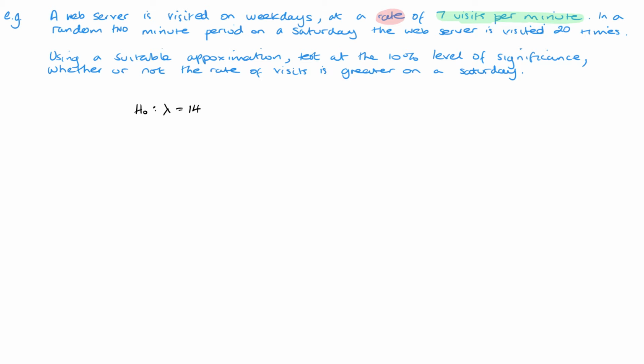It was visited 20 times, and we need to test whether or not the rate of visits is greater on a Saturday. So H1, our lambda, is going to be greater than 14. So we're looking at a one-tailed test. Now I think it's important to write everything down. So don't forget, X is going to equal our number of visits.